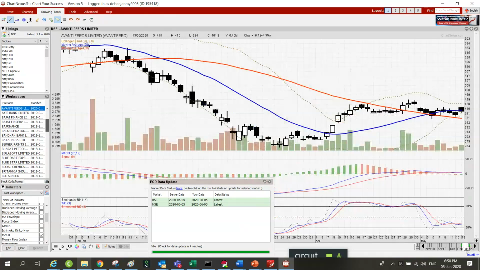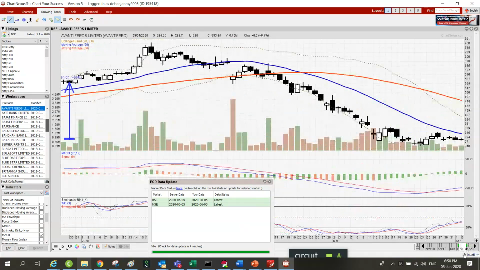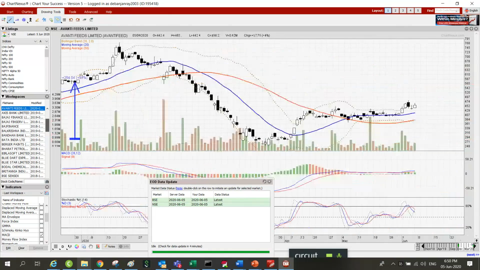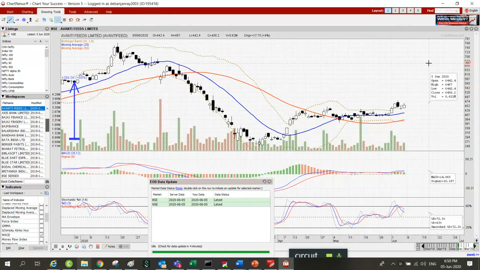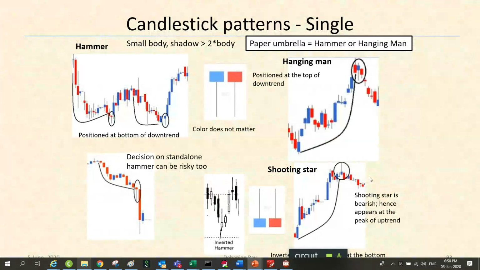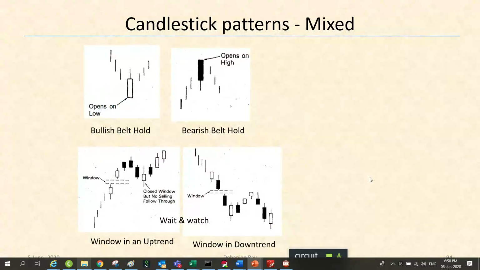In the current pattern, this is one of the patterns with a handle. It is not like that always you'll find this pattern, but just keep it in mind. Let me go to another one.